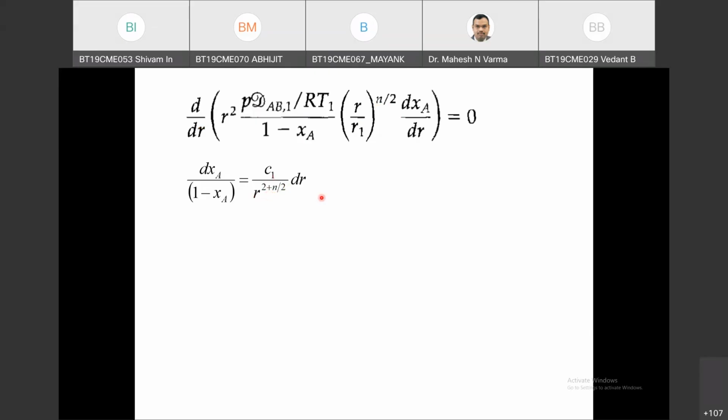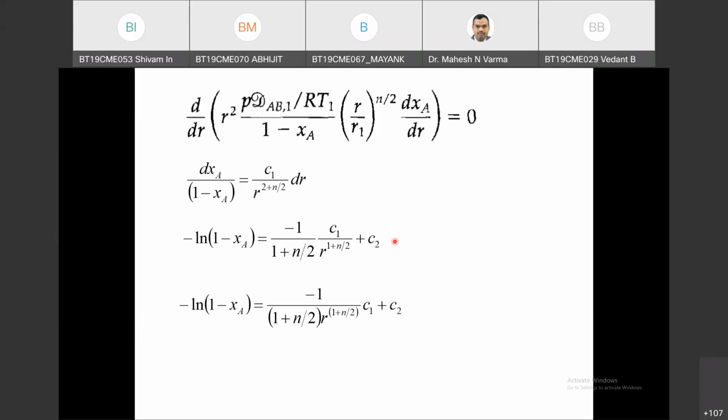So again integrating this equation, ln(1 minus XA), with the minus sign, will be equal to minus 1 plus N by 2, C1, R raised to 1 plus N by 2. The integration of R raised to N will be R raised to N minus 1 divided by N minus 1, plus C2.